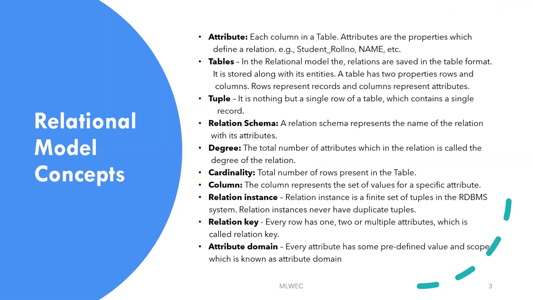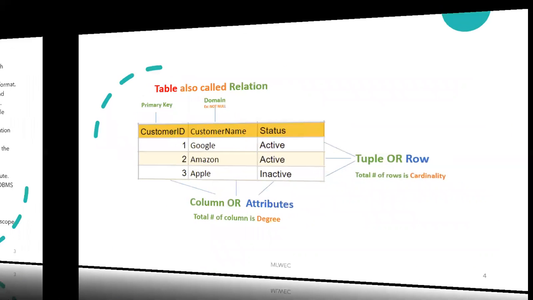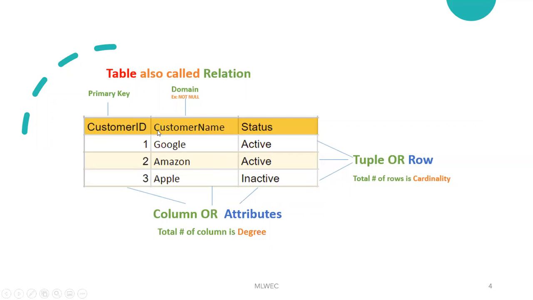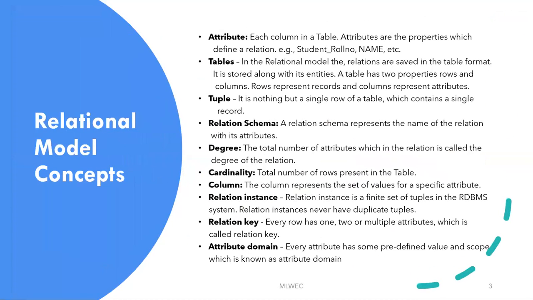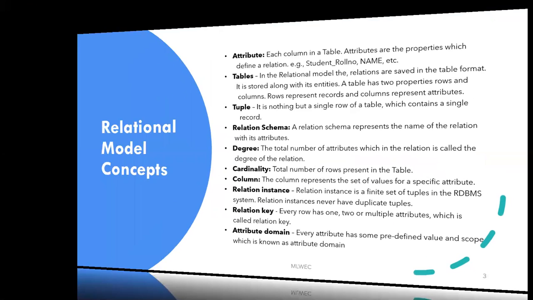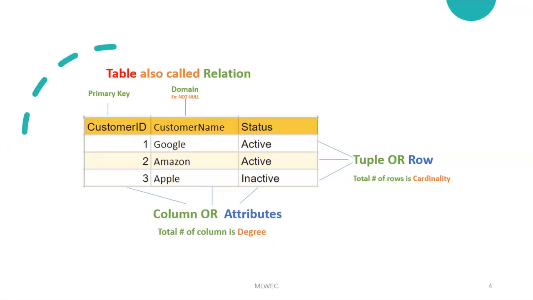Next, relation schema. A relation schema represents only the name of the relation with its attributes. Here customer ID, customer name and status, these 3 attributes, we can call the relation schema. Degree: the total number of attributes in the relation is called the degree of the relation. How many attributes are in the table? From this picture: customer ID, customer name and status.